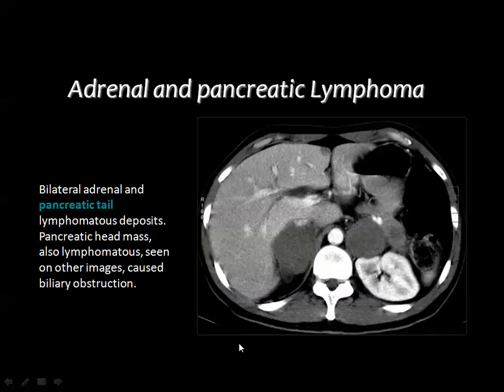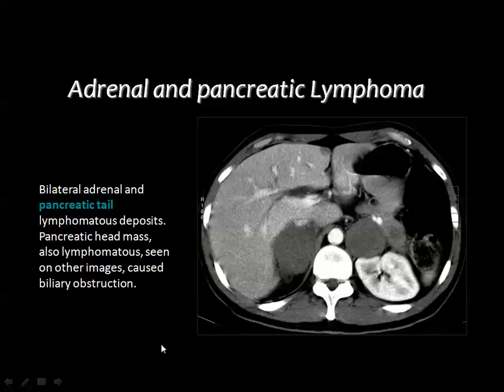And this is bilateral adrenal lymphoma with involvement of the pancreatic tail. Of course, you cannot say the diagnosis from this image, but you need some information about the clinical picture of the patient.